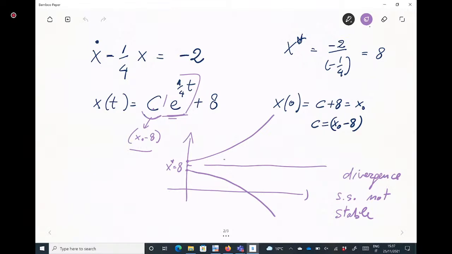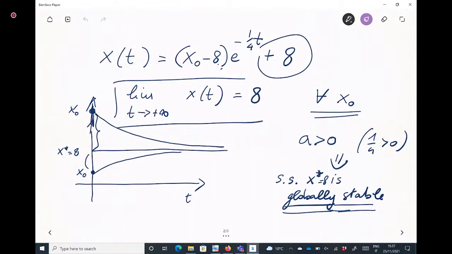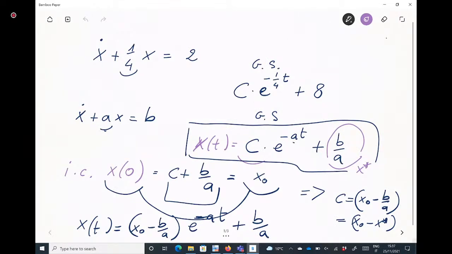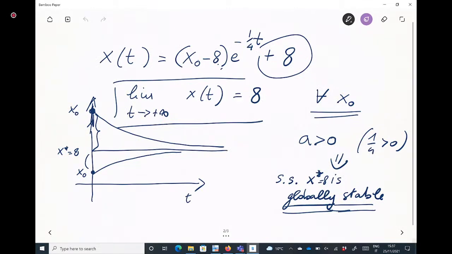So the main insight is that this is the general solution. We can write the general solution as a particular solution in the sense that we change the constant, which is no longer C, it is the initial level of the variable. So the formula is different, like this. But in this case, we emphasize the initial deviation from the steady state.